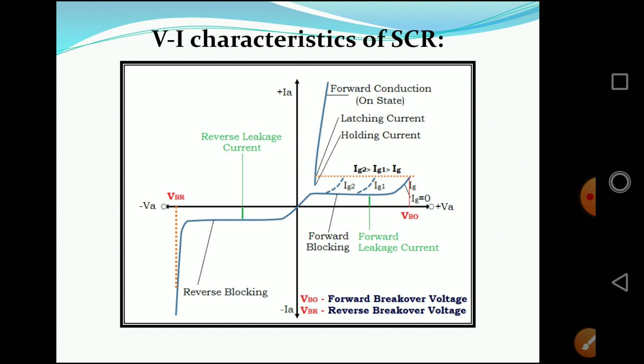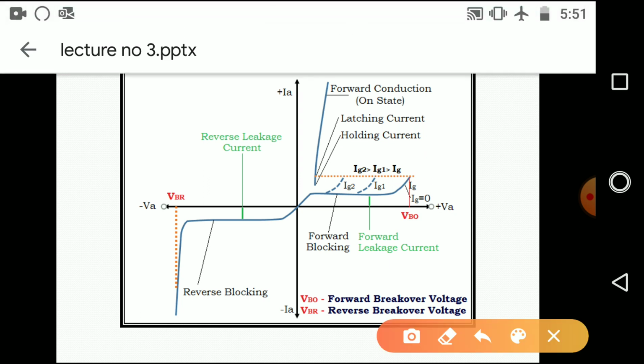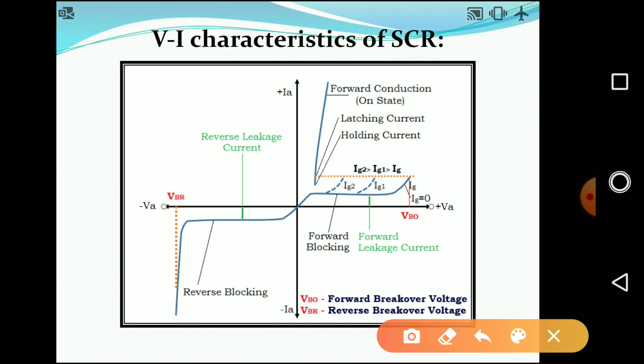So this is the VI characteristics of SCR. This VI characteristic is drawn using the anode to cathode voltage VA on the x-axis and the anode current on the y-axis. Forward voltage is on the x-axis, and reverse voltage is in the opposite direction.